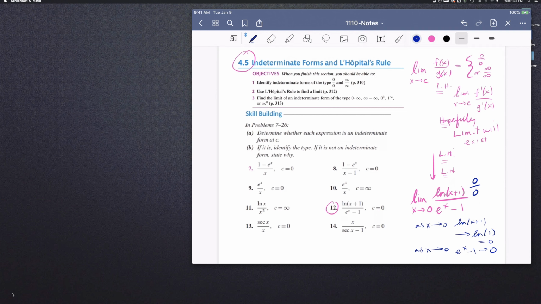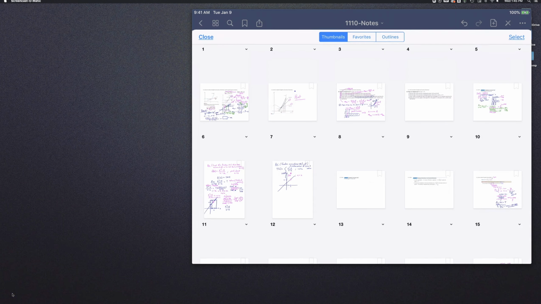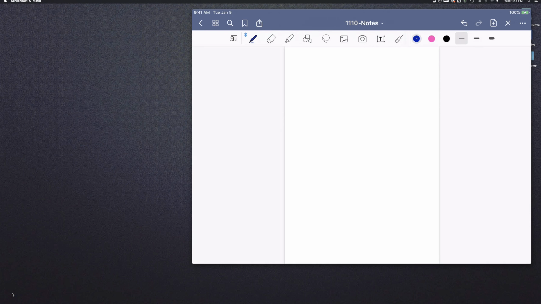Let me figure out how to add a page below. Alright, so adding a new page, let's try to evaluate this limit. We have the limit as x gets closer to 0 of the logarithm of x plus 1 divided by e to the x minus 1.